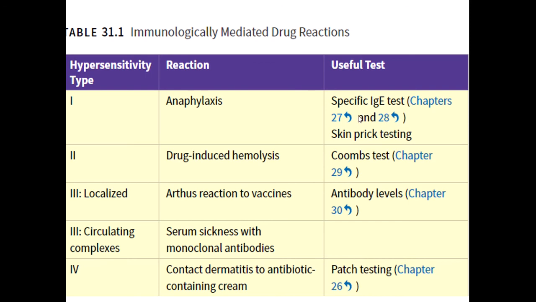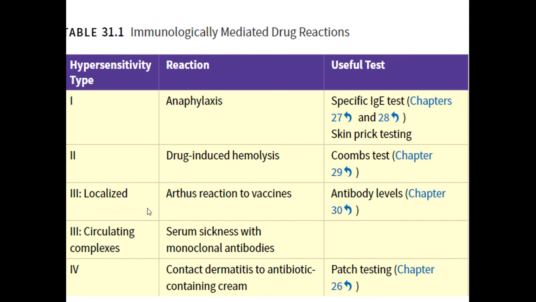And of course, the skin prick test that we have talked about before, if you remember. In type 2 hypersensitivity reaction, like drug-induced hemolysis, we talked about the Coombs test, if you remember. The direct or the indirect Coombs test for the hemolytic disease of the newborn.